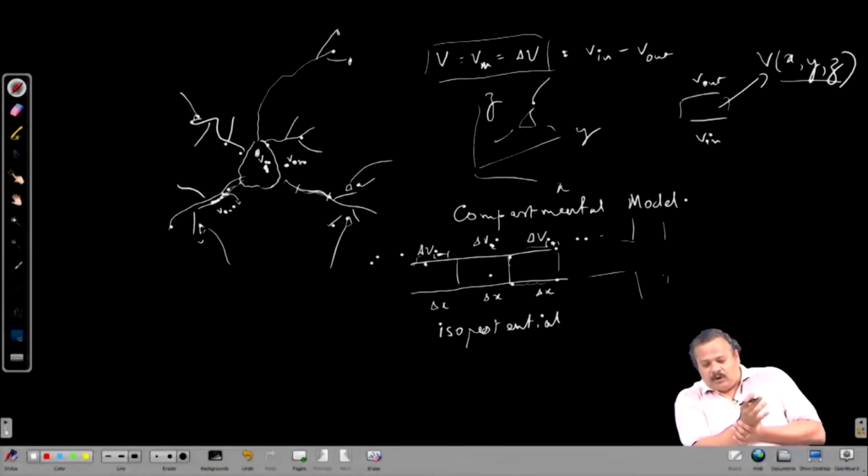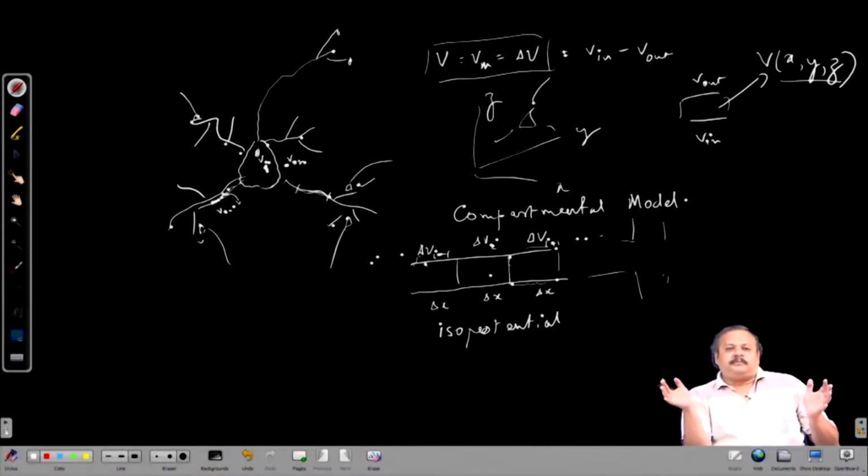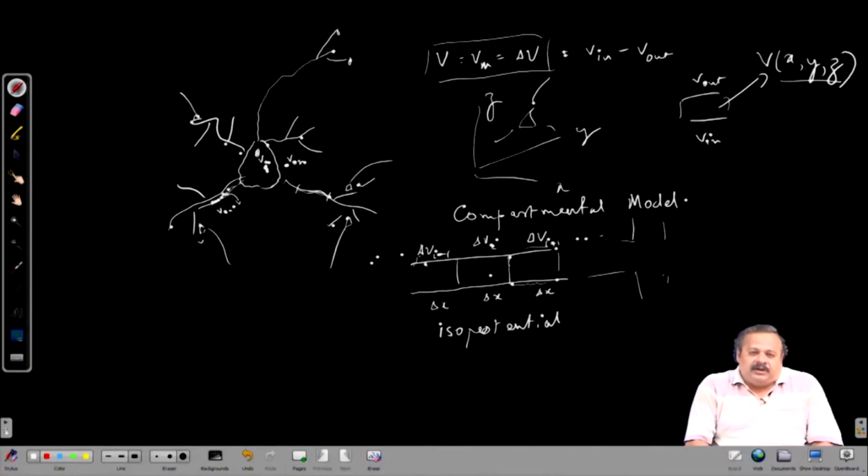So, depending on the problem, we can use sufficiently small delta x's or even sufficiently large delta x's that will allow us to address the question that we want to answer. So, here we are breaking up the neuron into multiple compartments, so that we can accommodate the changes in the membrane potential in the entire neuron itself. And so, these are modeled or simulated with compartmental models, like I have briefly described here.